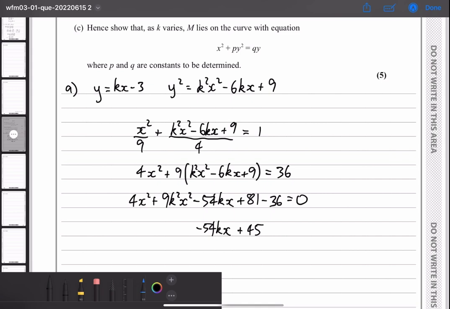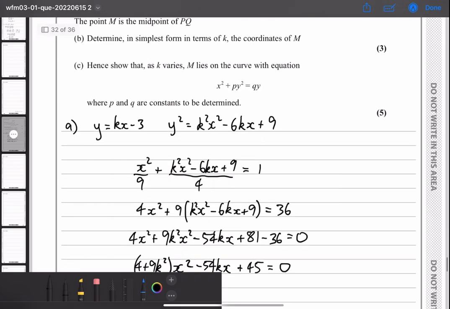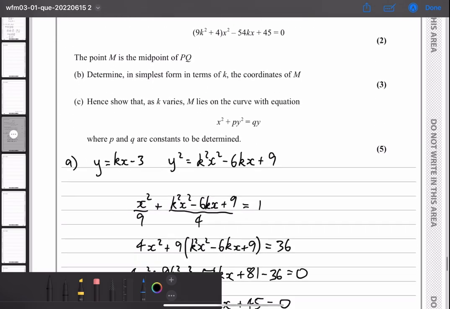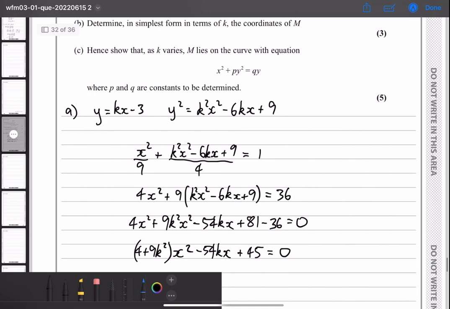And here factorize out 4 plus 9k squared with the x squared. And hopefully that matches. I haven't quite written it in exactly the same format, but yes.